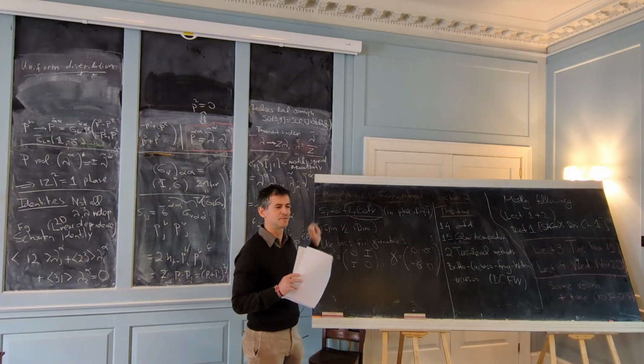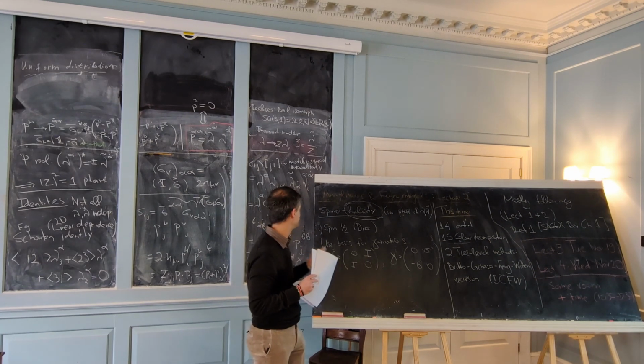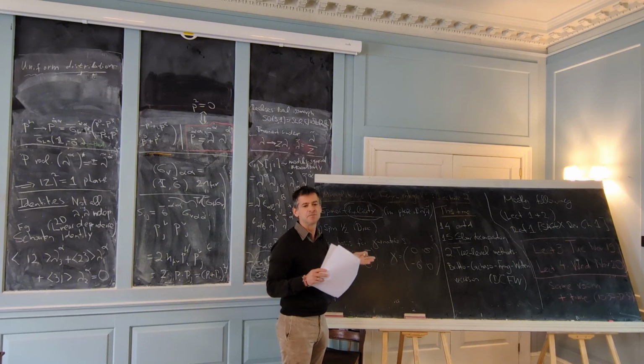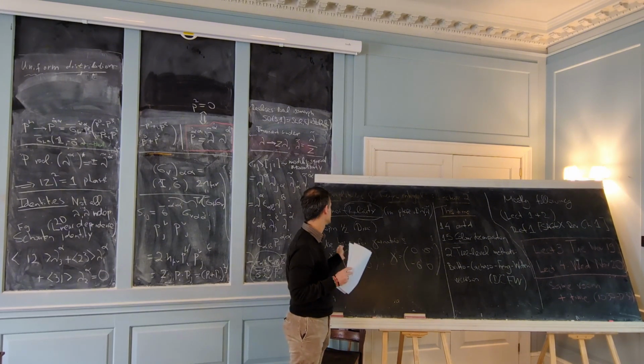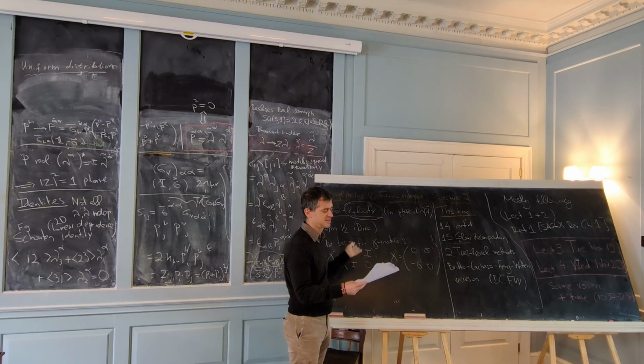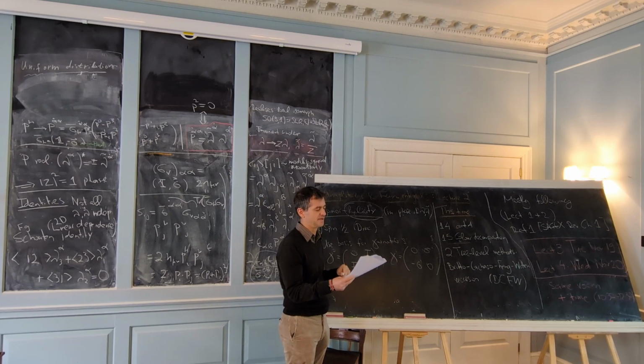Normally, the standard basis that you have seen is where gamma 0 is diagonal. But you can pick many different bases that just respect the anti-commutation relations of the gammas.